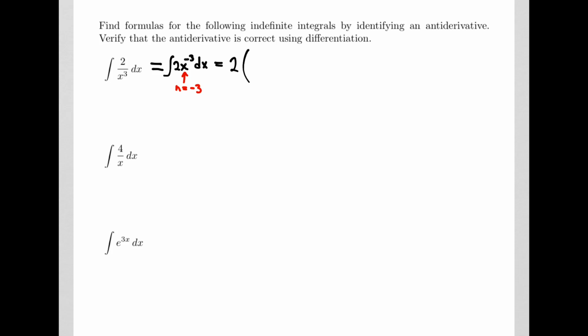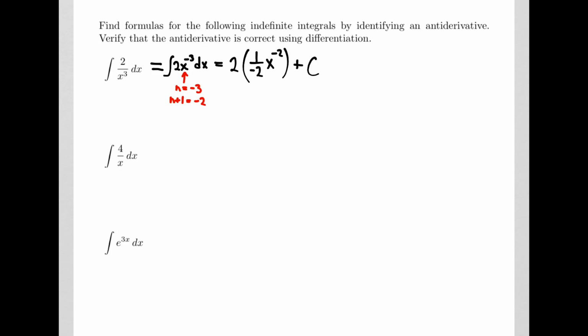What would be the power n plus 1? If I add 1 to that, I get negative 2. The antiderivative is going to be 1 over the new power times x to the new power. That's what the rule predicts. And then we should have plus a constant.